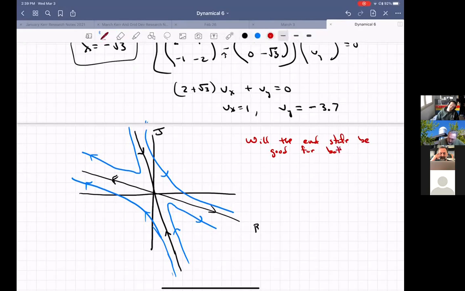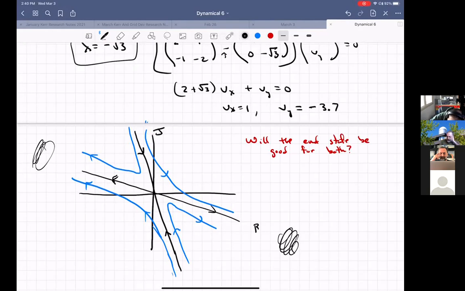In other words, no matter where you start, where do you end up? No matter where you start, you either end up out here or you end up out there. You just end up away. Yeah, but you end up away in either the fourth quadrant or the second quadrant.